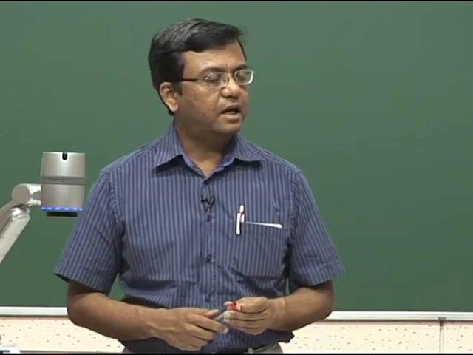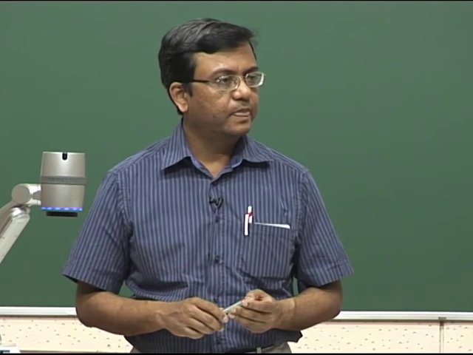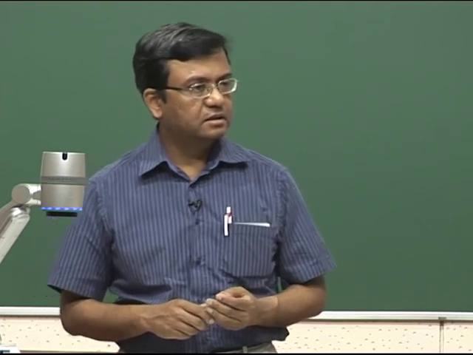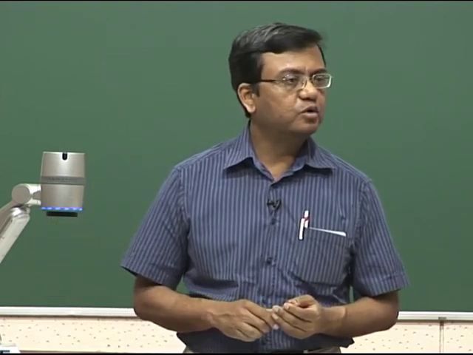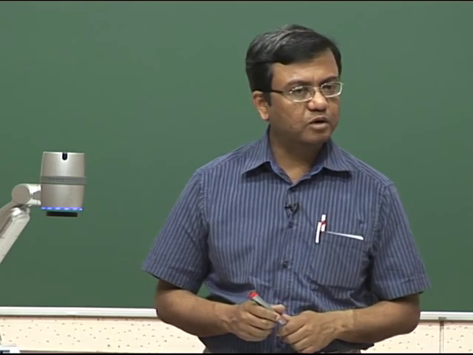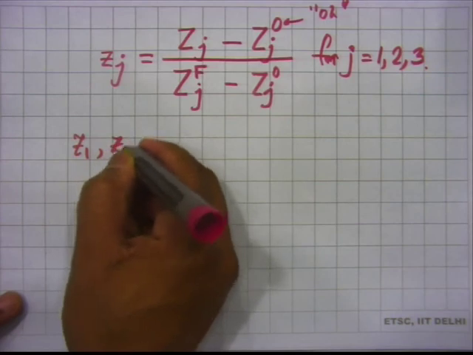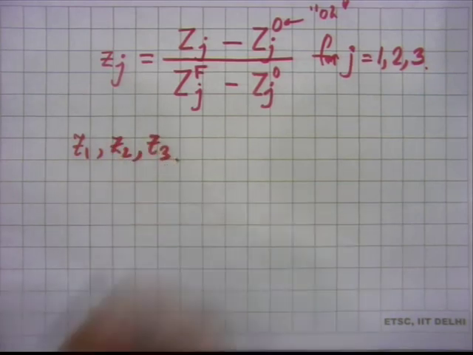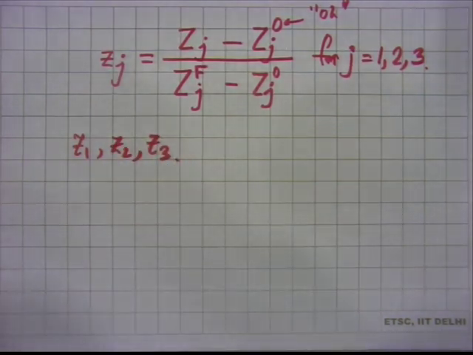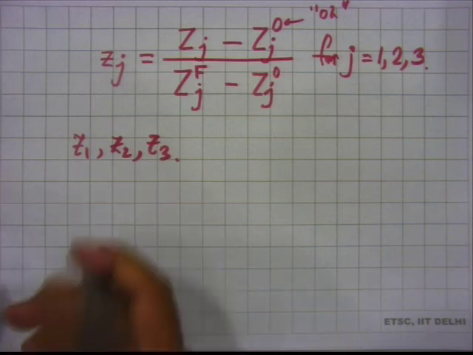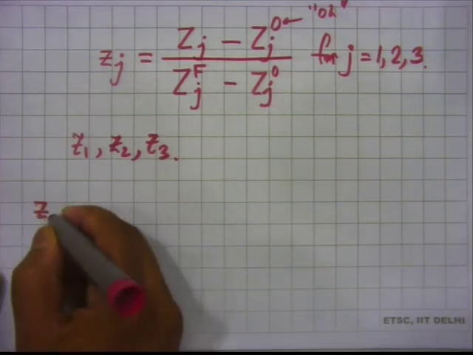So, according to the expression that I have here, small z can also be for 1, 2 and 3. So there can be a small z1, a small z2 and a small z3. We will very quickly just do a small z1.